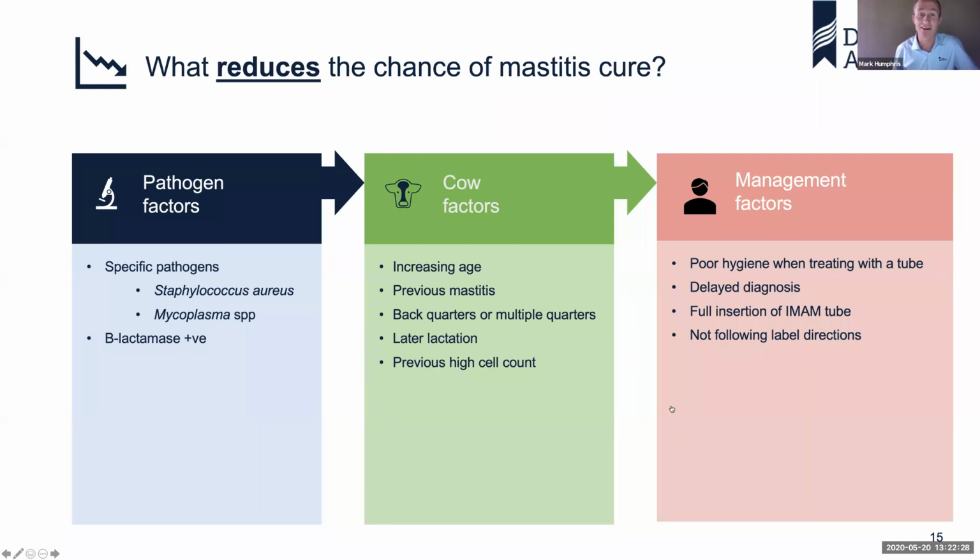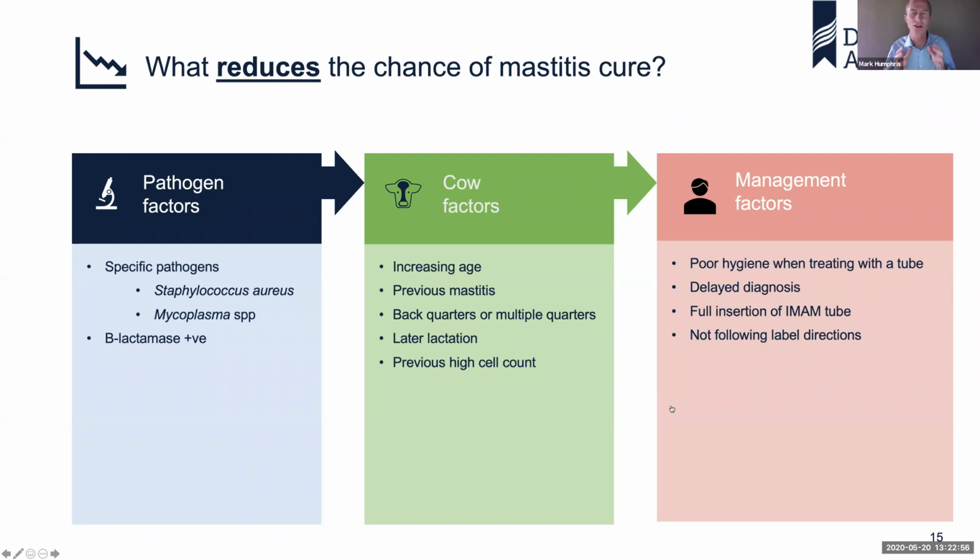But then there are cow factors. So even if we don't know what is the bacteria that's causing the mastitis, we know that older cows, cows with previous mastitis, cows with previous high cell counts in their history, we know that back quarters and cows in later lactation when they suffer clinical mastitis, these all result in a reduced chance of cure.